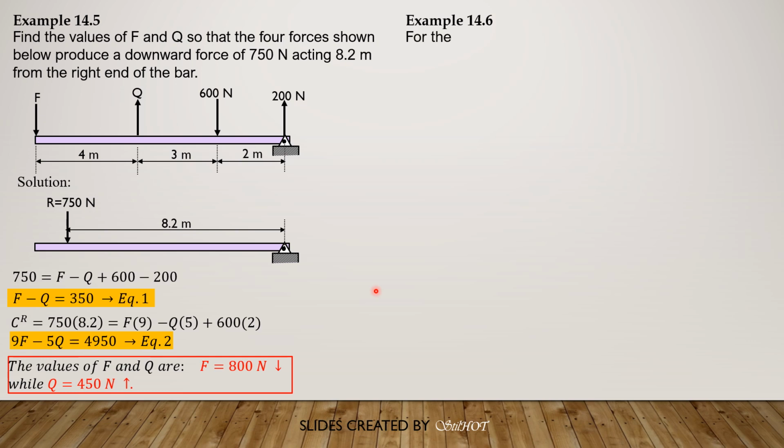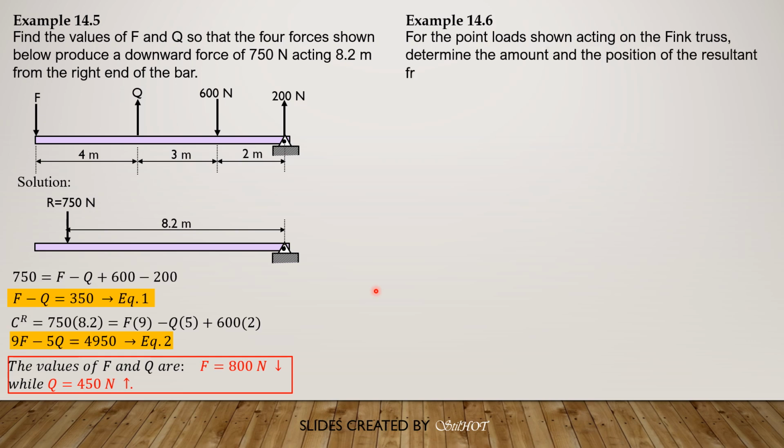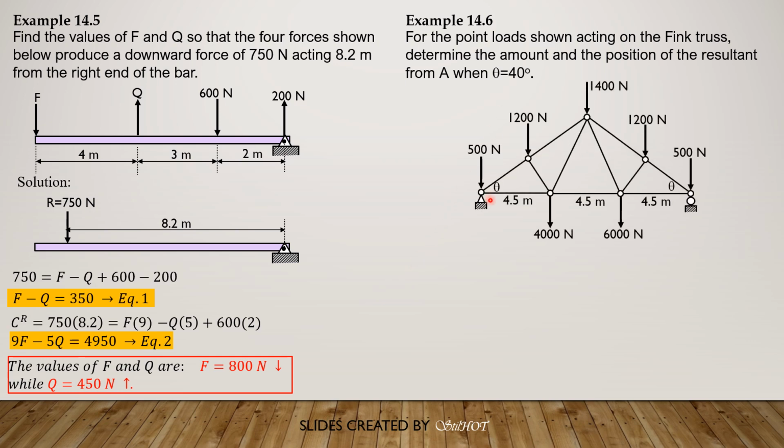Example 14.6: for the point loads shown acting on the pink truss, determine the amount and the position of the resultant from point A when the angle theta is 40 degrees. Since the pink truss is symmetrical and the loadings above on the top chord joints are symmetrically loaded, the value of theta does not matter.